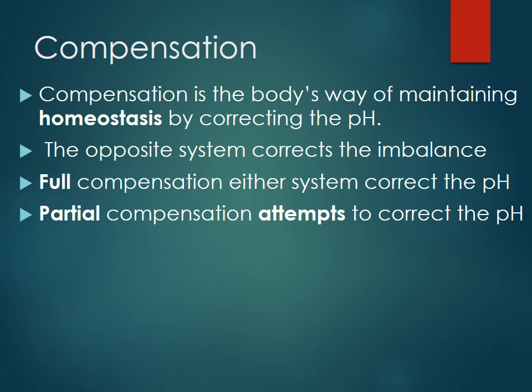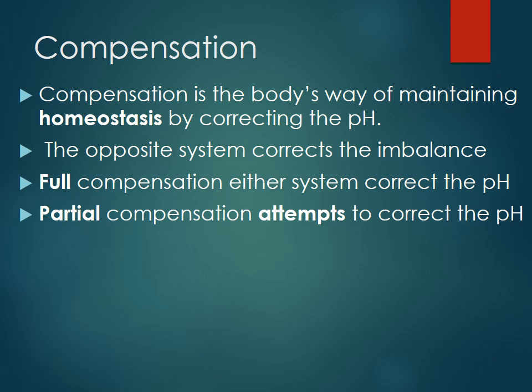So their job is going to be to eliminate the bicarb. Does that make sense? That's how the body is going to attempt to decrease the pH, by eliminating the bicarb. Because remember, the pH is high.